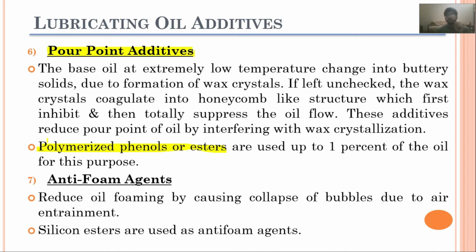So what these pour point additives basically do: at extremely low temperature, the base oil will start forming wax crystals, and if left unchecked, the wax crystals will start to coagulate and form a solid material which will suppress the flow of the oil.